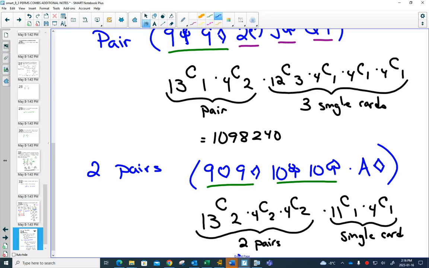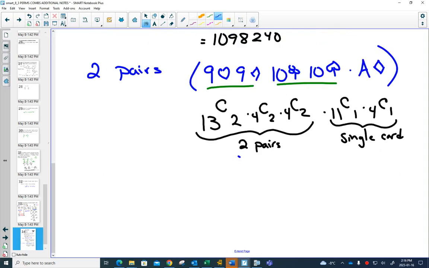Now, we'll do one more. Because I find that between 2 pairs and 3 of a kind, using your brain, it's not always logical to see why is 3 of a kind better than 2 pair. Couldn't 2 pair be harder?